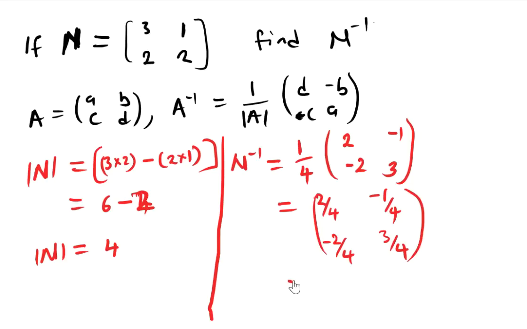So we can simplify further. 2 divided by 4 is the same thing as a half, and minus 1 divided by 4 stays. This one is minus a half, and 3 divided by 4, and this is our final answer, which is the n inverse.